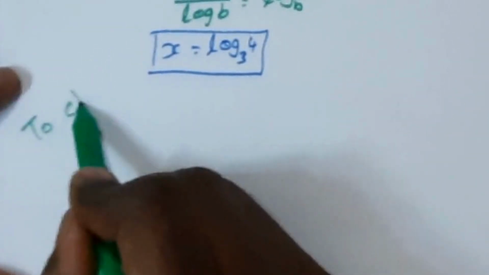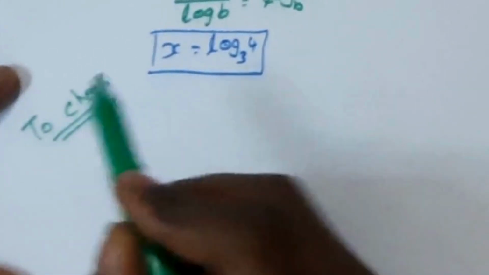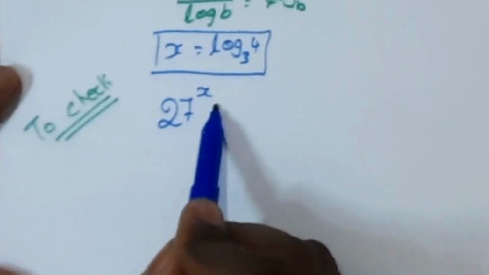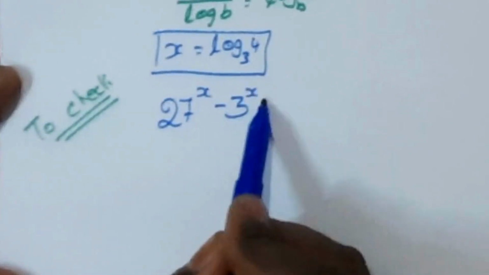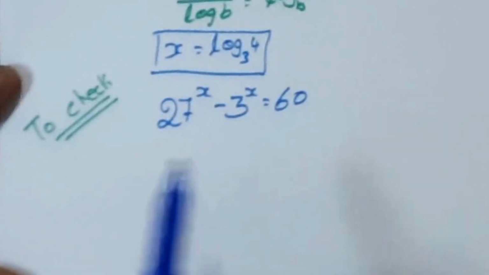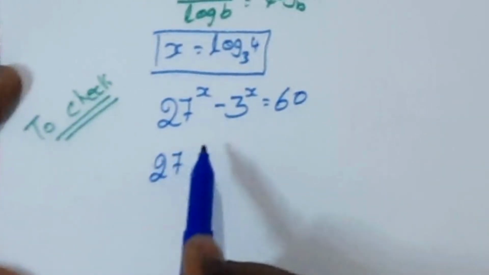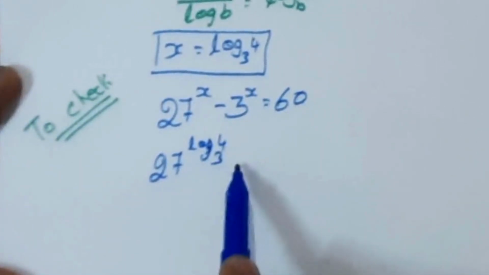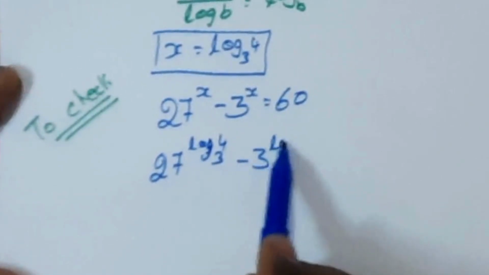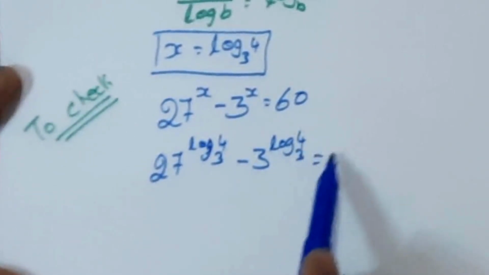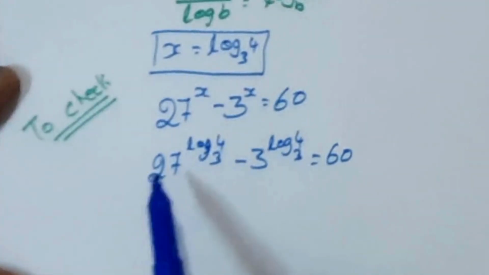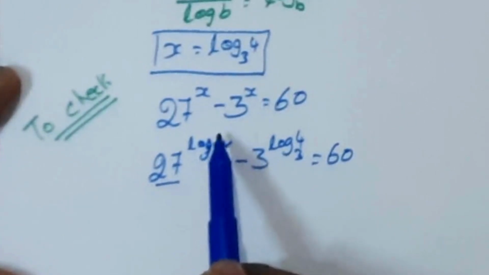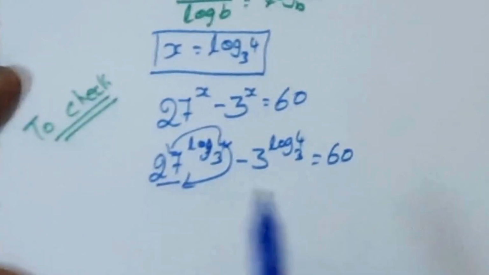We are going to check this. The real equation is 27 to the power of x minus 3 to the power of x equal to 60. 27 to the power of log 4 base 3 minus 3 to the power of log 4 base 3 equal to 60. According to the formula, we can change this 27 here and this 4 here.